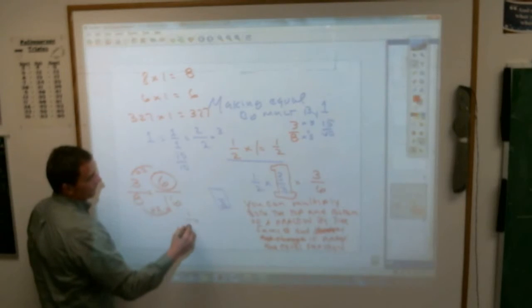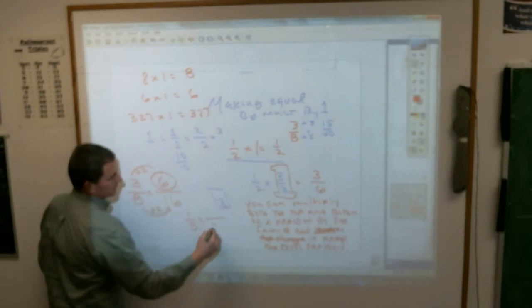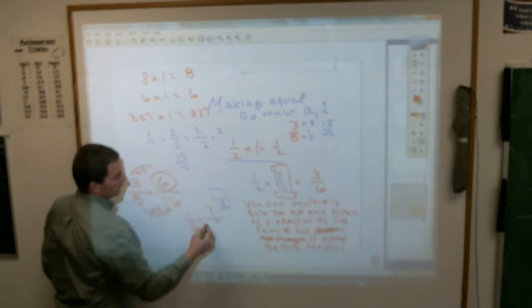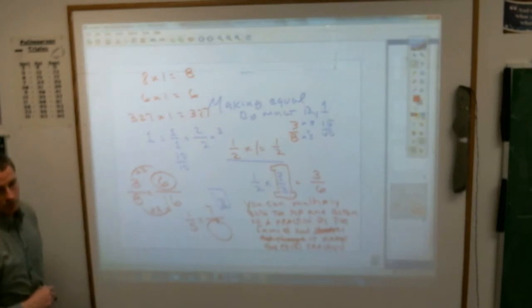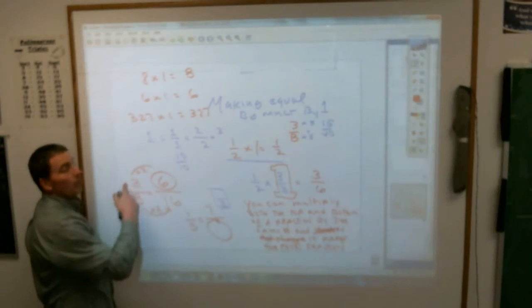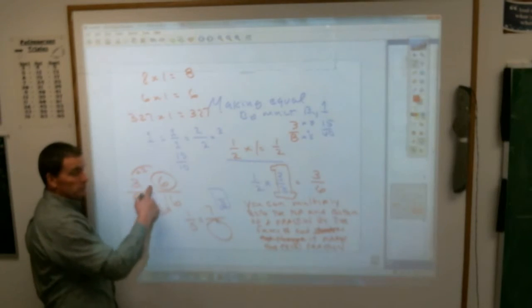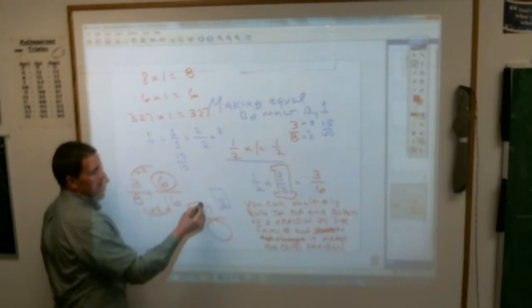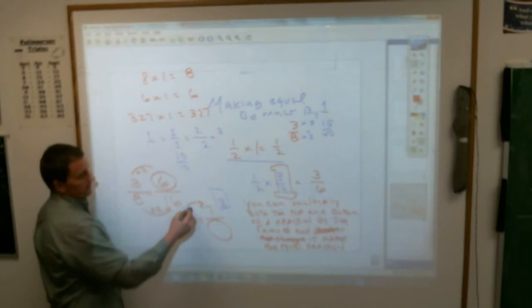If you have 1/5 equals what? No, I'm sorry, equals 7 over what number? You do the same thing. And again, when you see this in the book, you need to write this all out. Don't just give me numbers there. Give me the fractions. What times 1 gives you 7? 7.